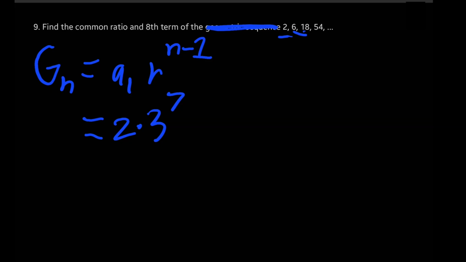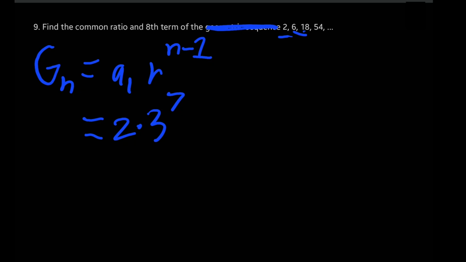So what you'll do first is multiply 3 times 3 seven times, or 3 raised to 7, then you multiply by 2. It'll be a lot messier if we add parentheses, but just know that since there's an exponent of 7 here, you use it first on the 3, then you multiply by 2.